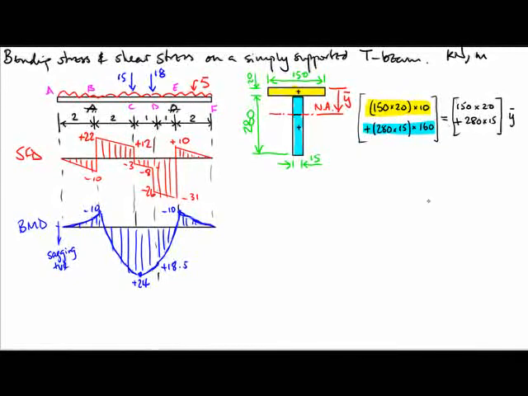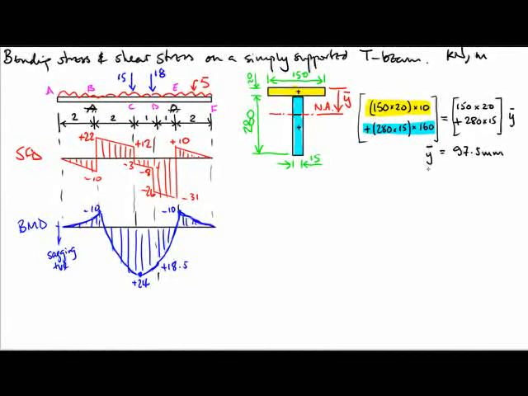That is how we find the centroid of this combined area, and that gives us a y bar value of 97.5 millimeters.